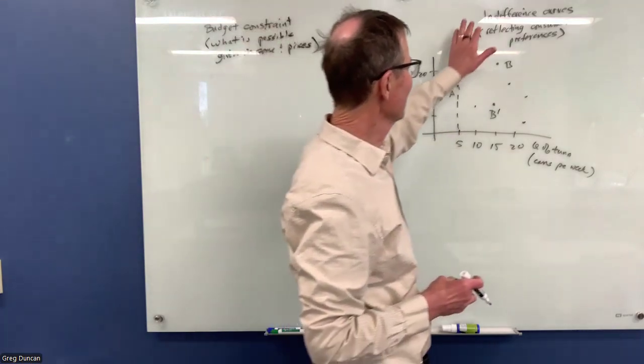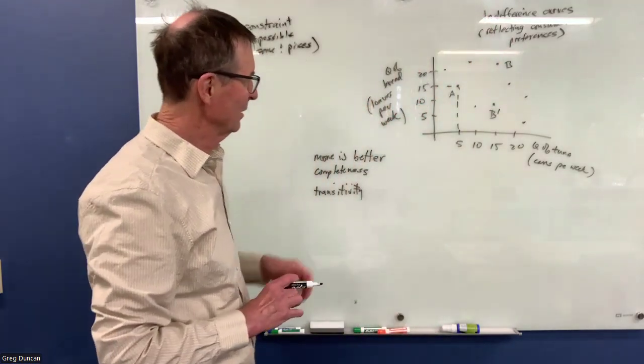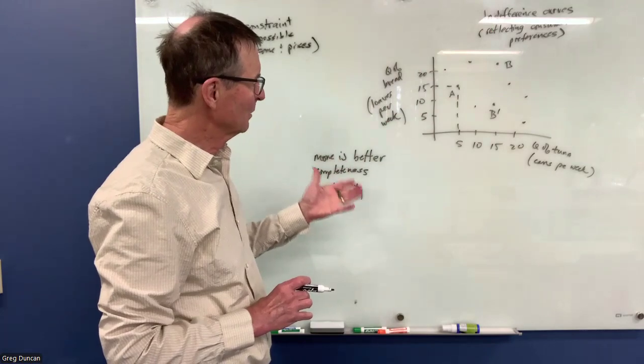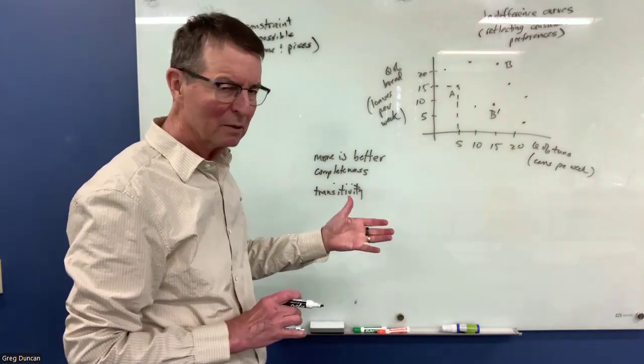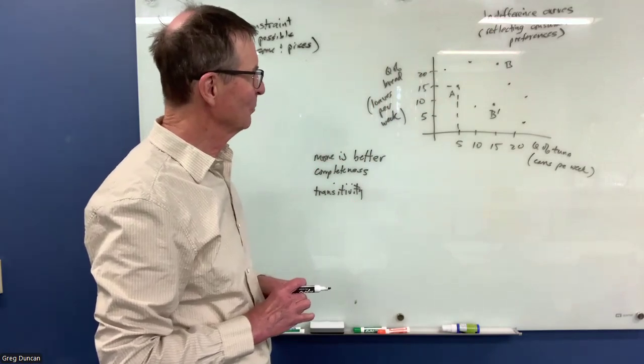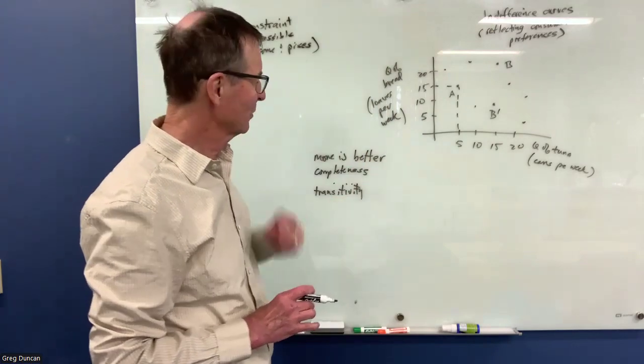So I'm not saying I'm indifferent to them right away, because indifferent has this connotation of, I don't give a damn. But that's not at all what economists mean by that. Indifference just means equally preferred. So now we'll talk about indifference curves.